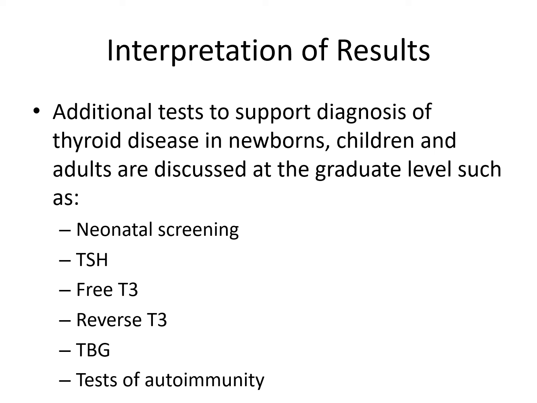These are the different tests like neonatal screening, newborn screening. TSH levels can be measured, free T3, reverse T3, and TBG levels. And of course, also for autoimmunity, there are diseases, for example, exophthalmic goiter or Hashimoto's disease. Those are examples of autoimmune disorders that affect the thyroid gland.